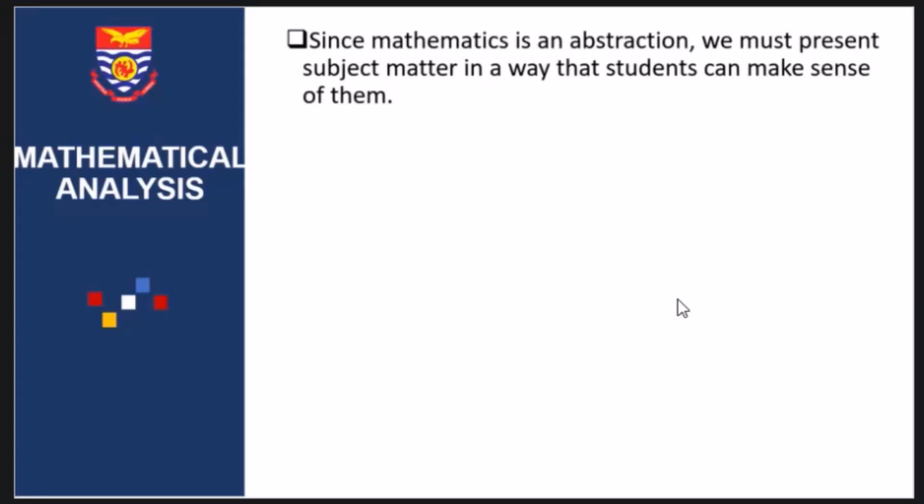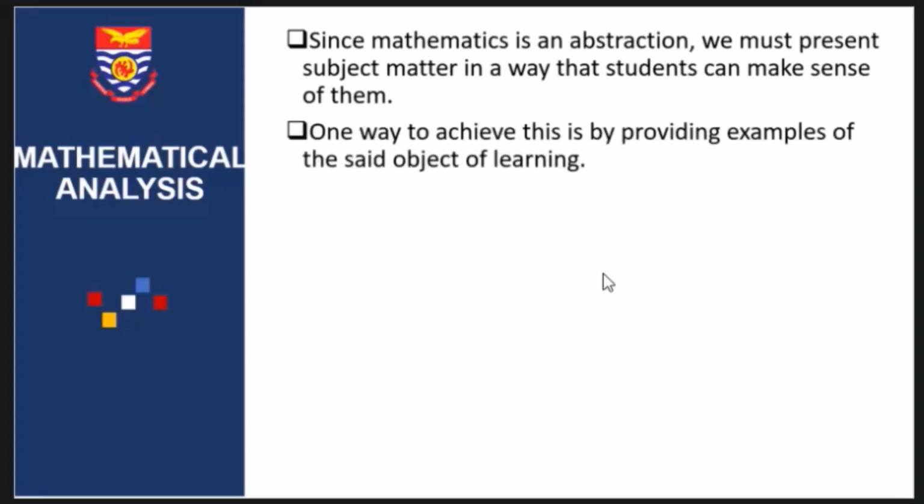And we all know from our previous lesson that most of the concepts or topics in mathematics are abstractions. So we must present them in such a way that the students will see the reality, or will be able to make sense out of the abstractions that we are talking about. And one way of achieving this is by providing examples of the said objects of learning.